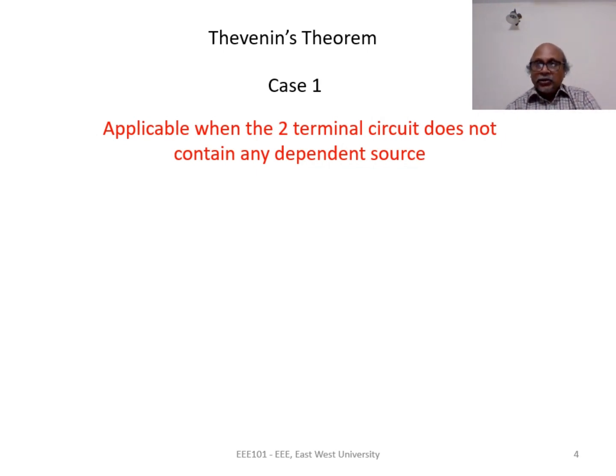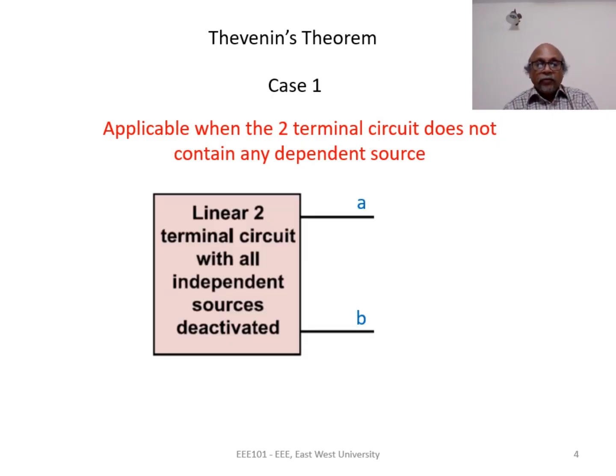In that circuit, we will start by deactivating all independent sources. So we get the linear two-terminal circuit with all independent sources deactivated. Because the circuit does not have any dependent source, we are left with only resistors within this network.